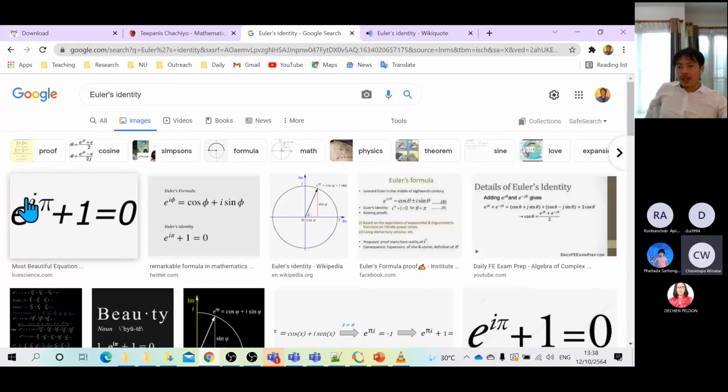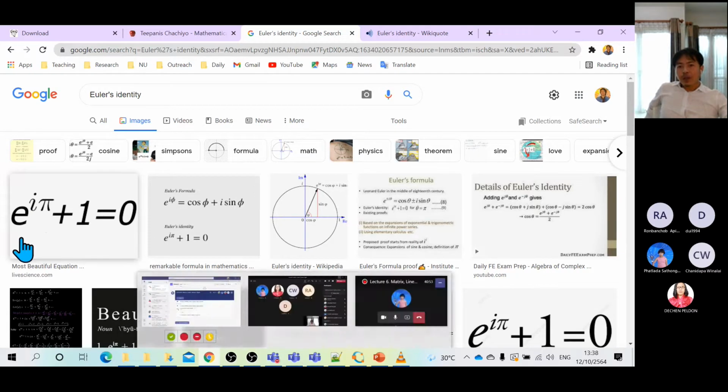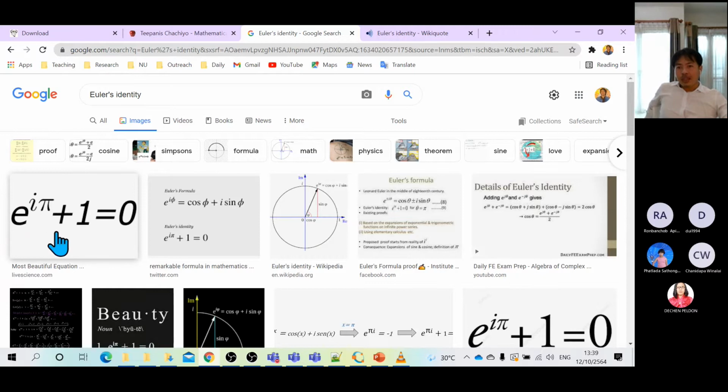Very good. So we call that imaginary number, so that you get equal to -1 here. So this Euler identity has the form like so because we are dealing with a complex number. You get equal to -1 on the right hand side.